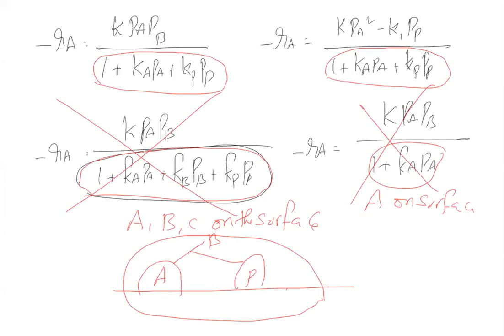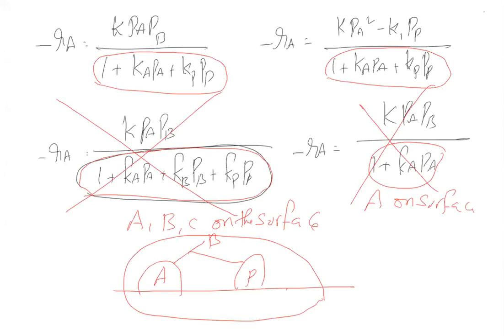Product is also on the surface. Product adsorbing means... Option B, if you derive, we will not get option B. If you derive this rate, just as we have derived, it is k PA PB by 1 plus KA PA plus KP PP.